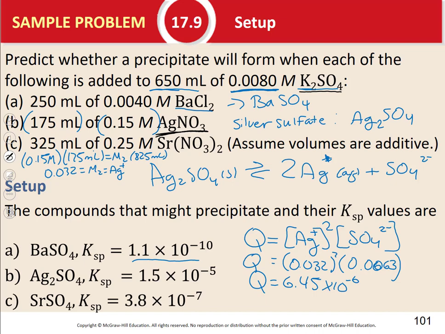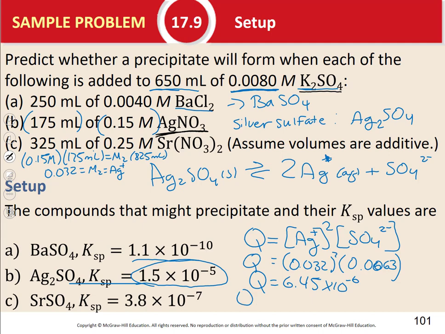Now, KSP for silver sulfate, we look at the table, is 1.5 times 10 to the negative 5th. So compared to K, is Q smaller or bigger? Smaller. Q is smaller than K, so does the solution precipitate?